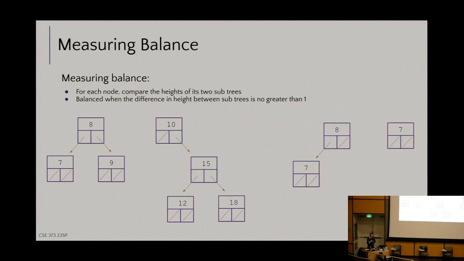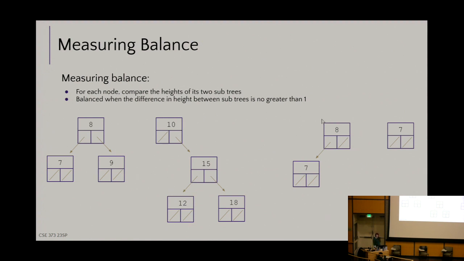If instead I had one node sticking off of the left of 10, then it would be balanced, because then it would have a tree of height 0 to the left, one node all by itself, and then a tree of height 1, which is the 3 nodes, and the difference between 0 and 1 is still 1, and we allow for a difference of up to 1. So it doesn't have to be perfectly balanced, just a difference of at most 1.